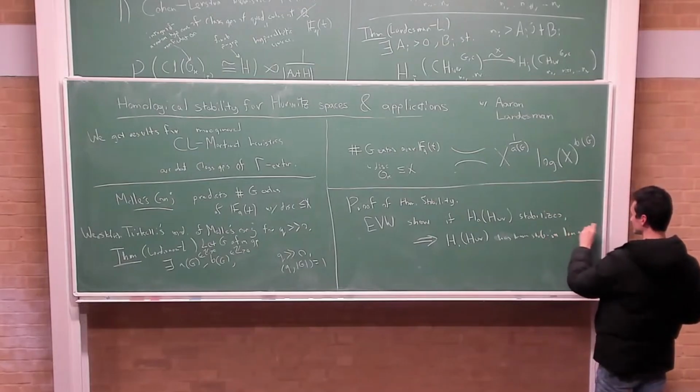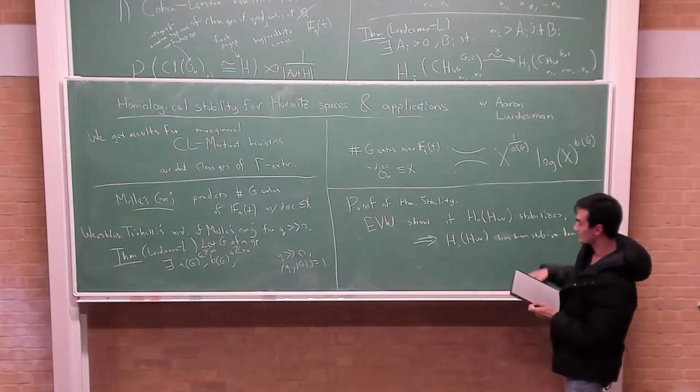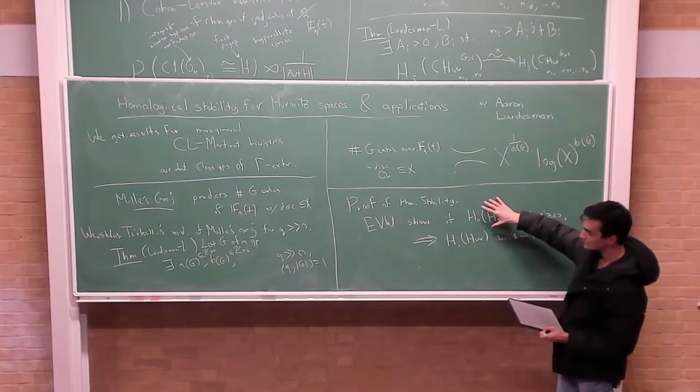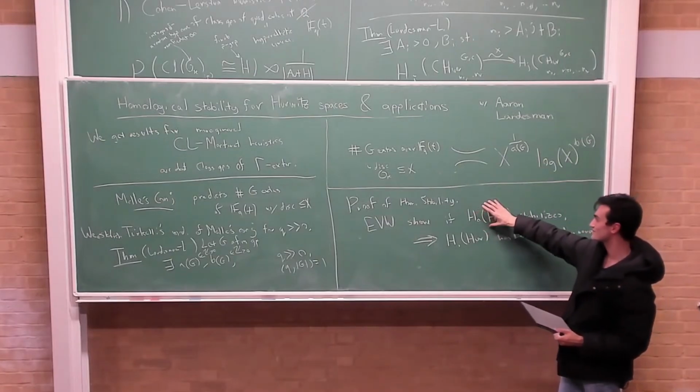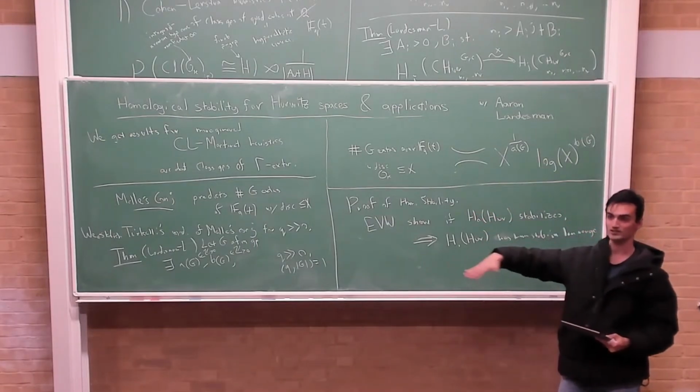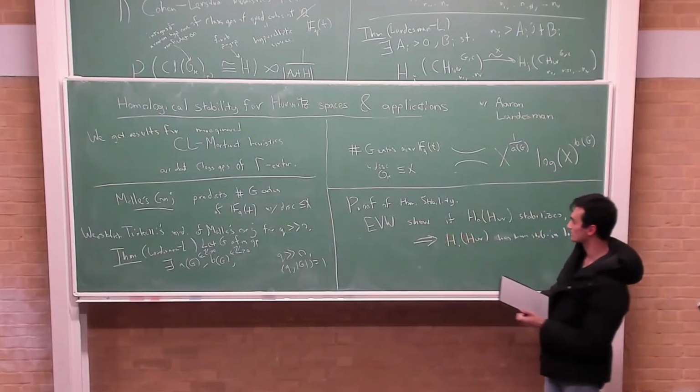They have some kind of formal argument in their paper, which shows that just assuming you have stability at the level of H naught, you actually get it for all of the higher homologies.